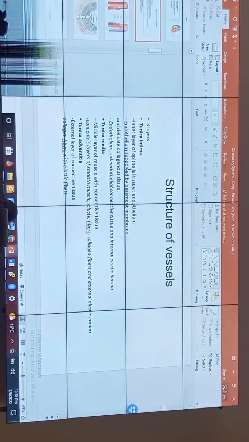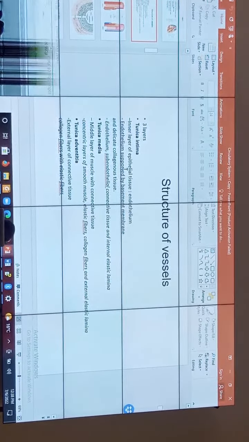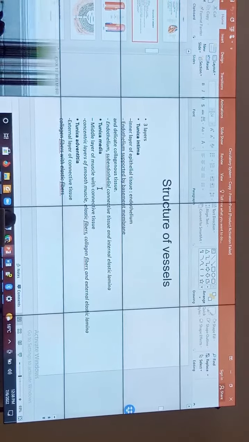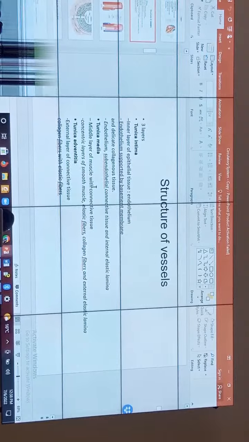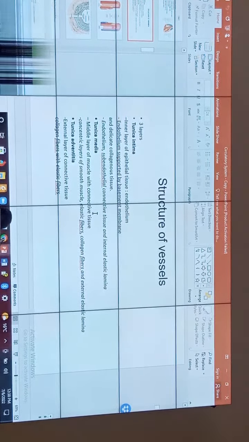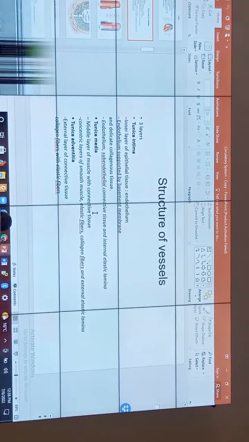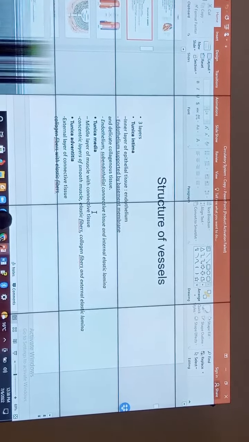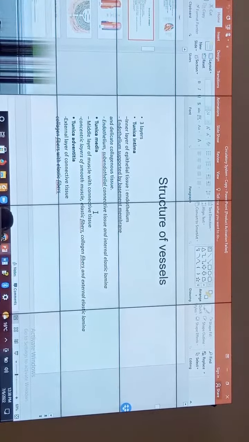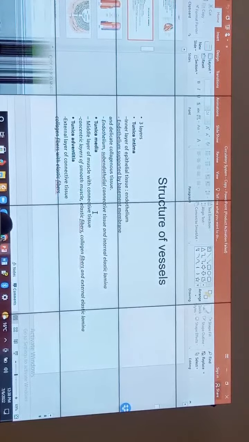subendothelial layer. In some vessels, take note of that, in some vessels, surrounding the subendothelial layer will be the internal elastic lamina. Just from the name itself, internal elastic, what type of material do you expect to find in great amount?